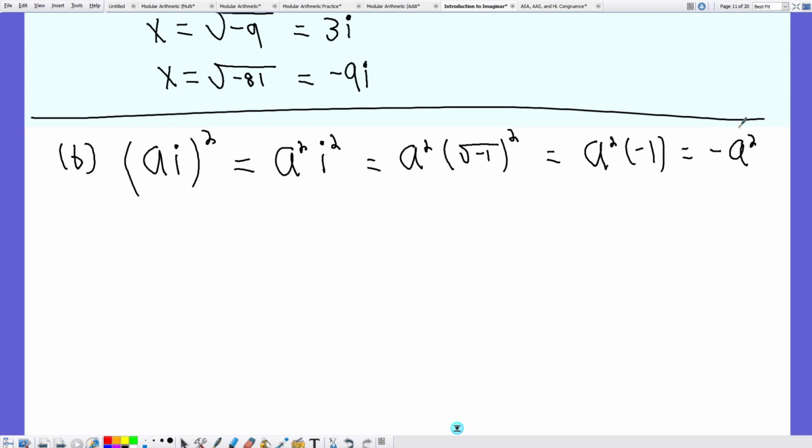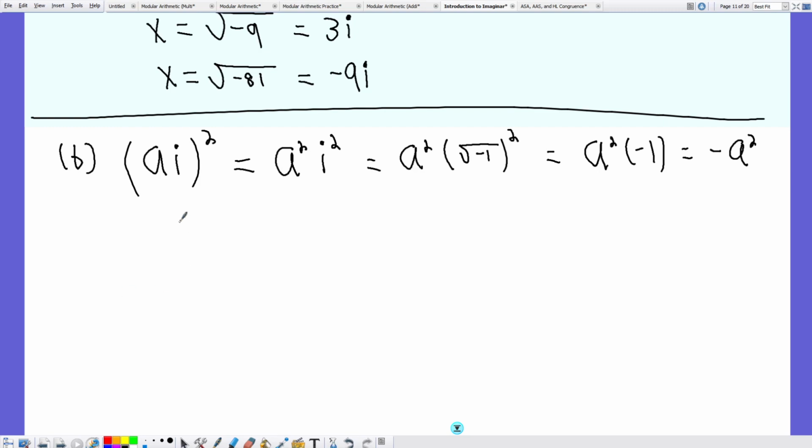Now, a is a real number. Its square is not negative. We've defined a as a real number. So any value that we could plug in for a has to be positive since it's not defined as imaginary. But negative a squared cannot be positive because they have that negative in the front.